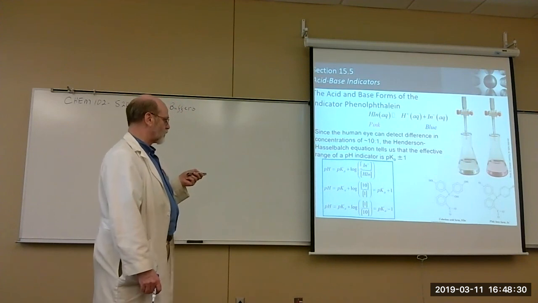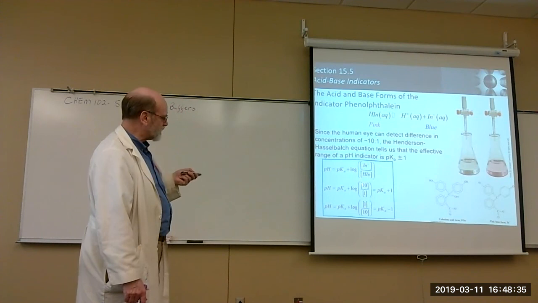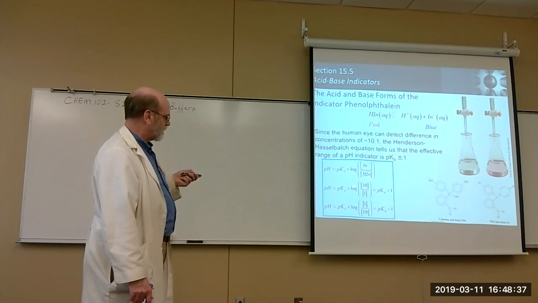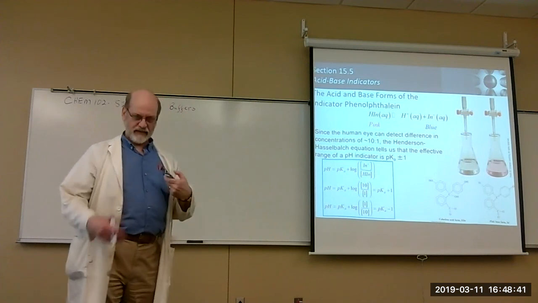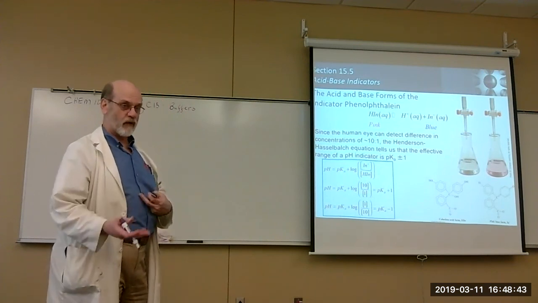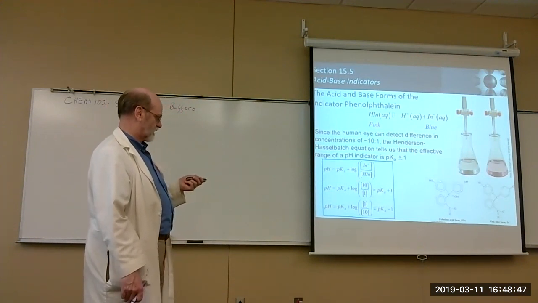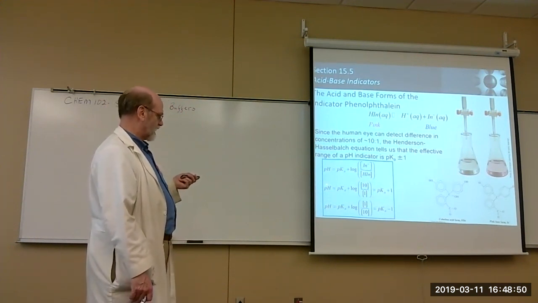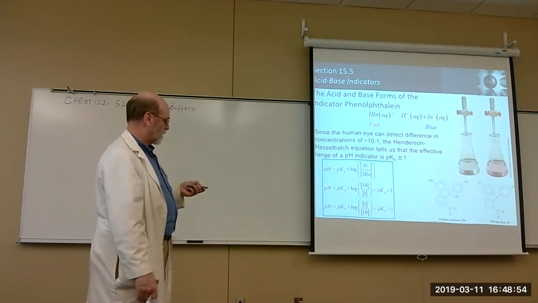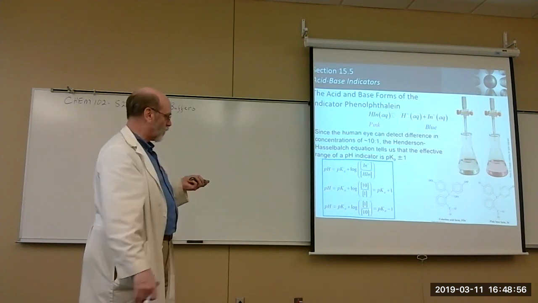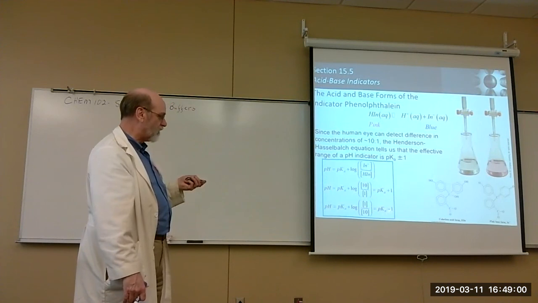Okay? So with this expression, if we say the conjugate base is 10 times the acid, then we have 10 divided by 1, which is 10, and the log of 10 is 1. So pKa plus 1 is 1 pH unit into the pH range. Or it's the other way around, 1 divided by 10 gives pKa minus 1.